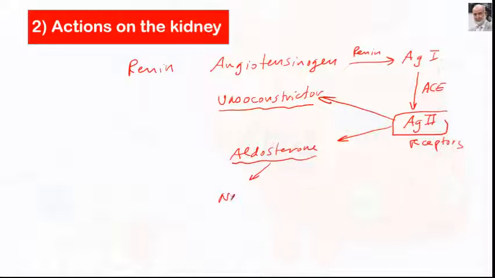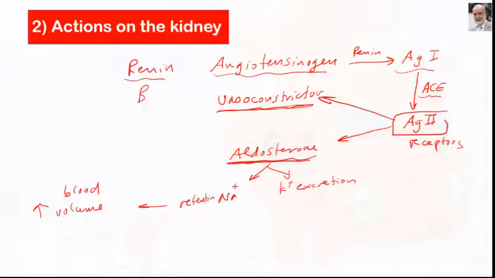Aldosterone will produce retention of sodium and water and excretion of potassium. This retention of sodium and water will increase blood volume, and this increase in blood volume will result in increase in blood pressure.